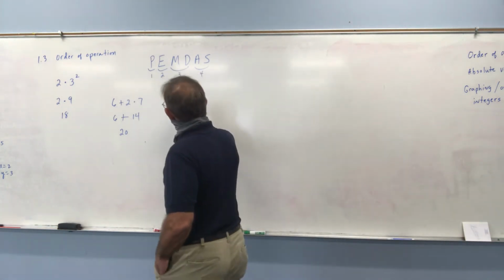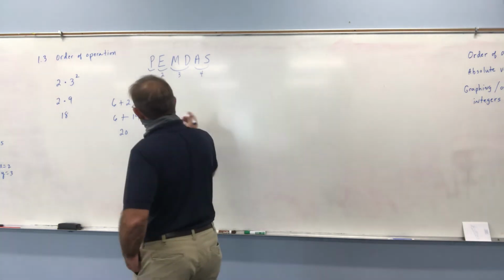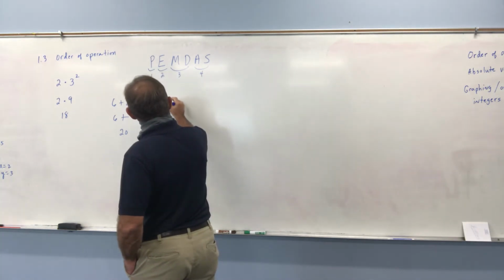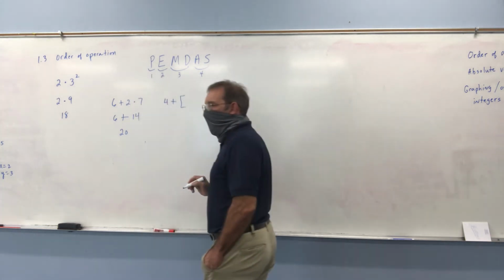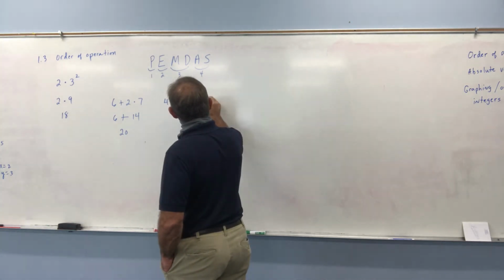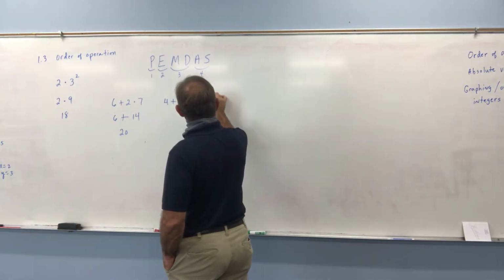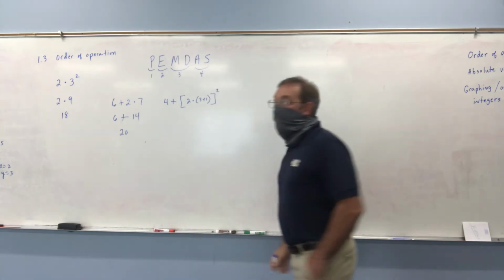All right, what about this one? Let's add a few other elements to it, make it a little more complicated looking. What if we had 4 plus, and then in brackets, we've got 2 times 3 plus 1 in parentheses to the second power.